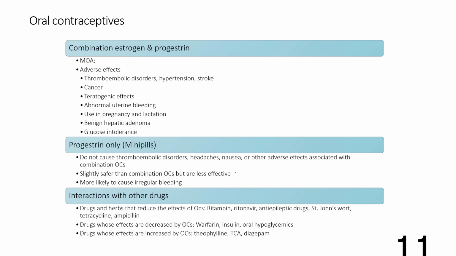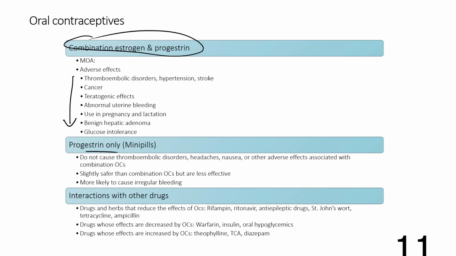Now, so we've got the mechanism of action of combination contraceptives, and you've got the adverse effects over here. That's just given together as a whole. And then you've got progestin-only contraceptives, which are sometimes called the mini pills.